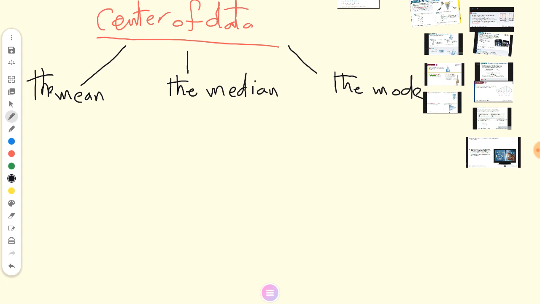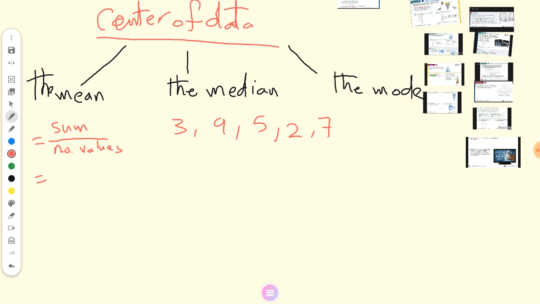If I have the following data: 3, 9, 5, 2, and 7. What is the mean? How to calculate the mean? The mean equals the sum over the number of values, which means add them.